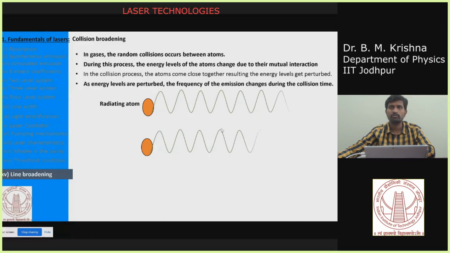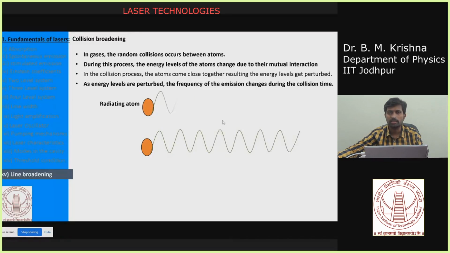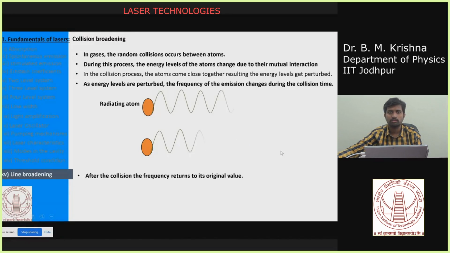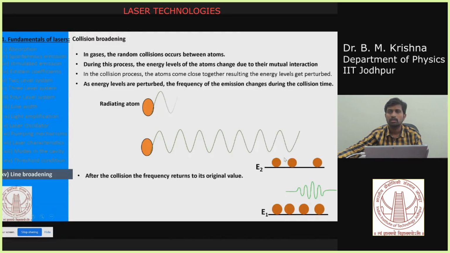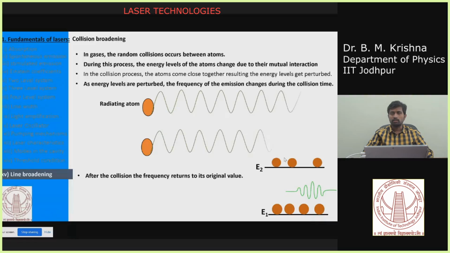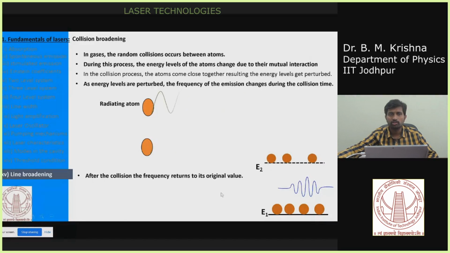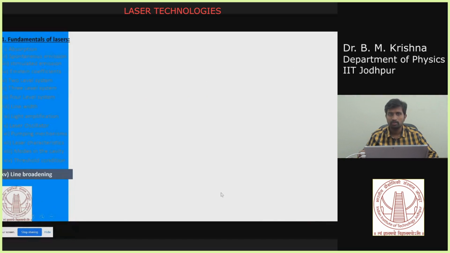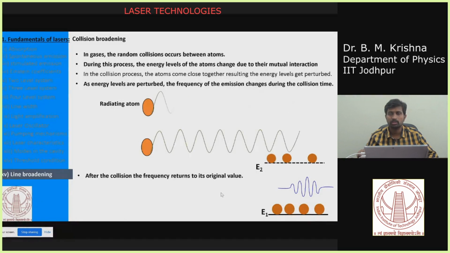This sudden phase change changes the radiation frequency, so that is broadening your line widths. When there is a collision, there is a perturbation to the energy levels, which means there is a shift in the energy level, resulting in the transition frequency changing.